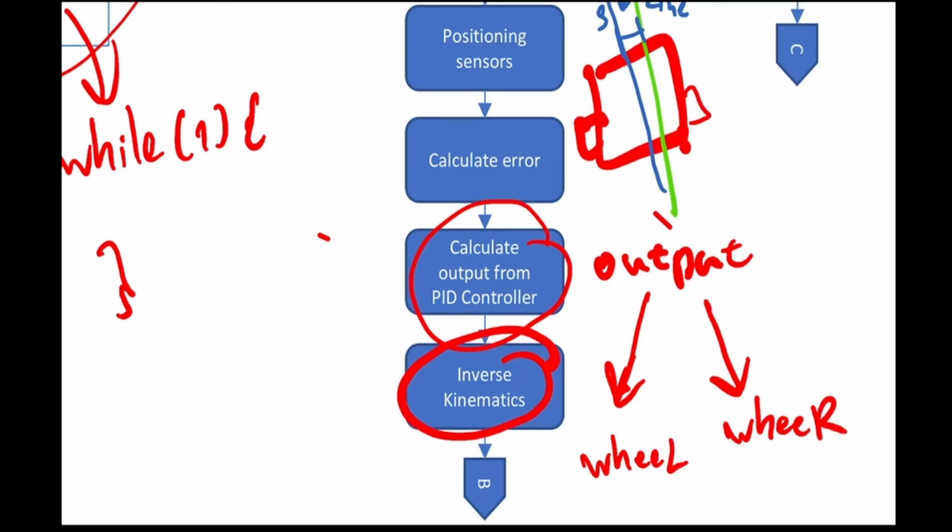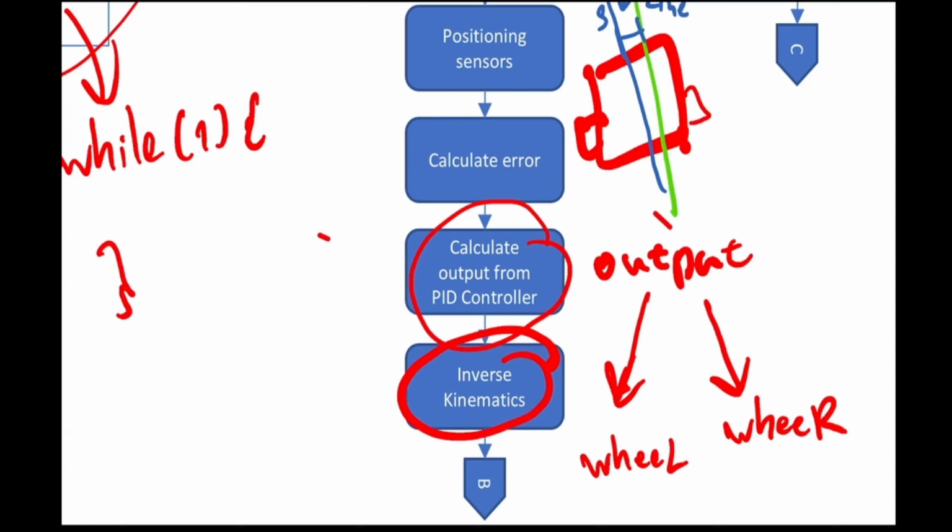The output from the PID control is just the compensation. For example, if you have an error of 5, it might be 5 millimeters or 5 centimeters, I will assume that it's 5 millimeters. When the PID control does that, it will try to compensate for the error, right? If the error is around 5 millimeters, PID control will try to estimate the output from that.